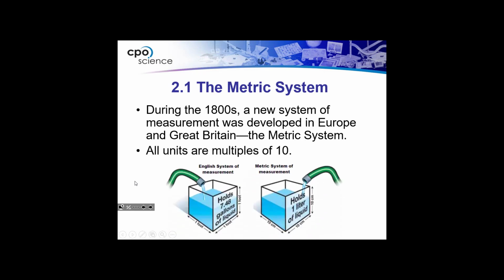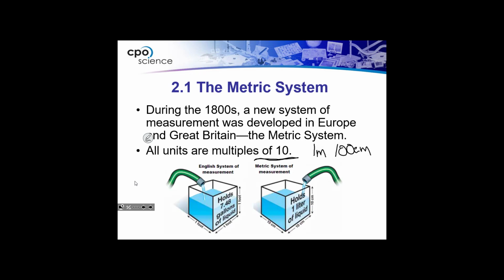It is a unit system based on base 10. What that means is if we had 1 meter and we asked how many centimeters that is, that would be 2 units smaller, so that would be 100 centimeters.